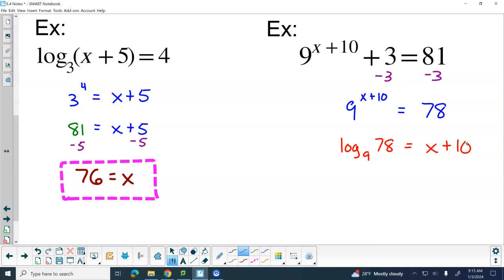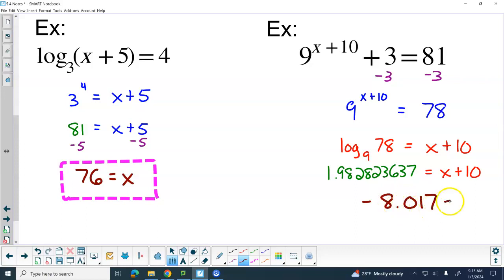I get 1.9828233637 equals x plus 10. Then I have to subtract 10 from that, and I get negative 8.017.